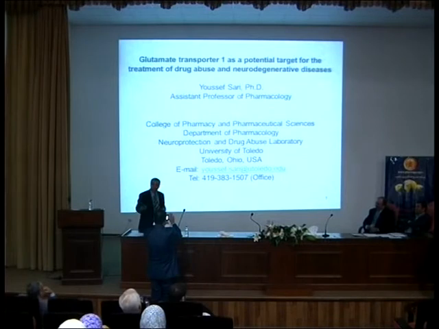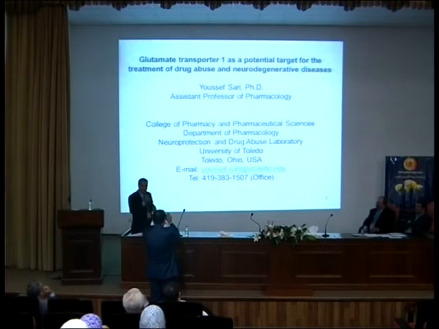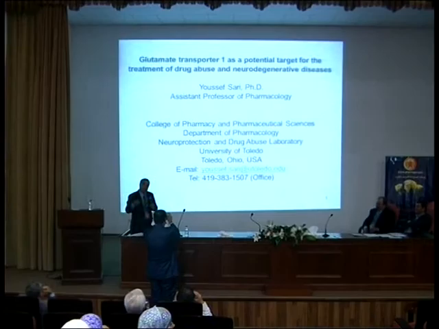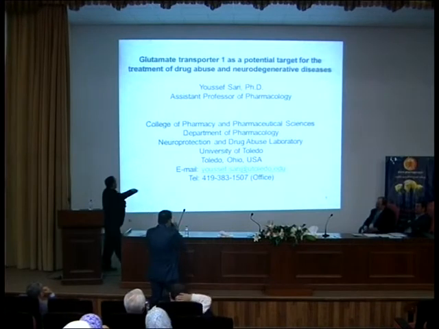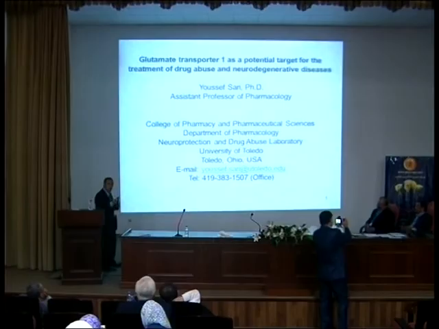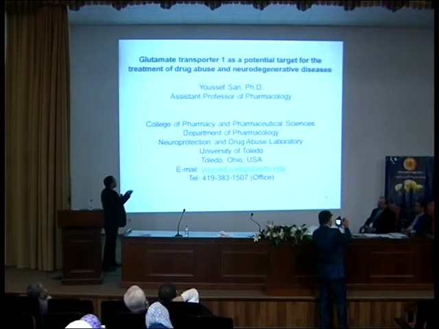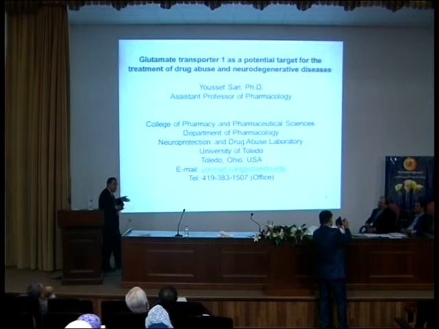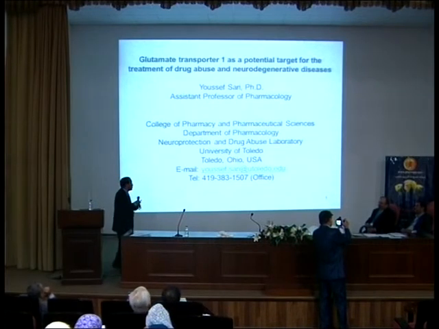So that's all I do. I test compounds for treating some of the diseases here. One of them is drug abuse, including alcohol or cocaine. And the other one is neurodegenerative disease, so the one we're going to be talking about is Huntington's disease.